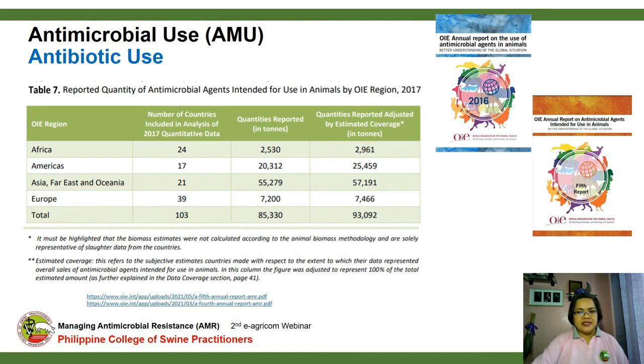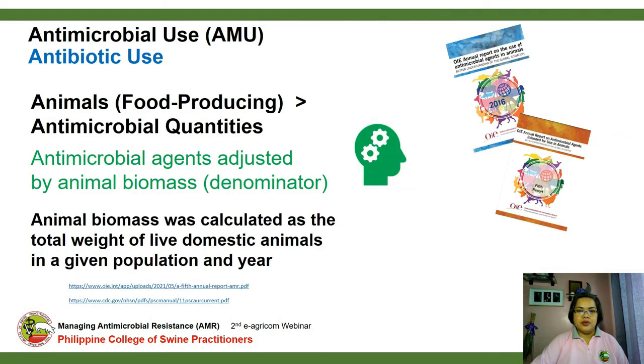Some context is needed. These reports cover all species, all molecules in all regions, and all their own flocks and herds temporally. So we need a scaling factor so this data can be comparable to each other. To be able to compare data between countries and regions, we need to use a scaling factor.